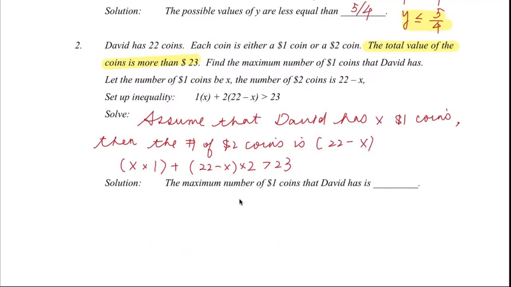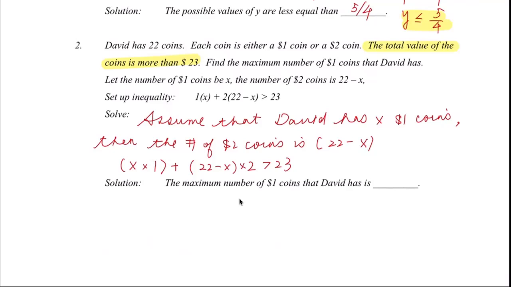And then you solve that inequality. But like I said, that part is never the hardest part. And usually, when you solve a word problem, if you have the correct inequality, then you already got most of the marks.